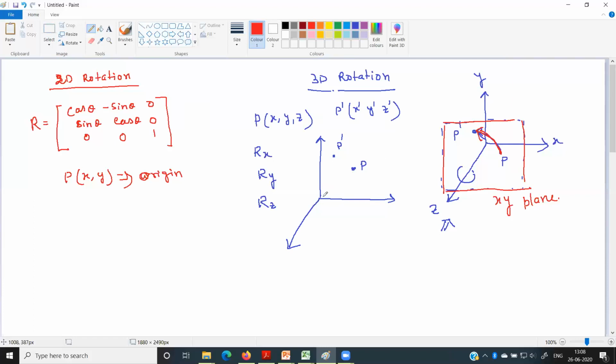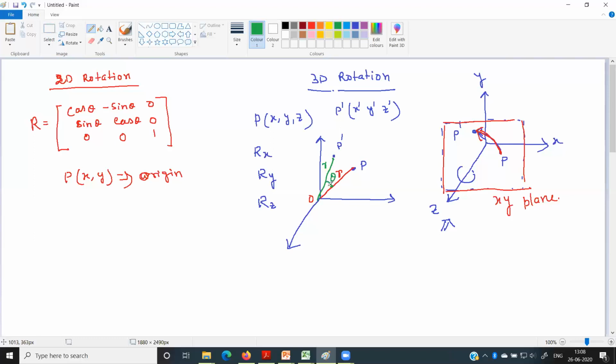So what we will do, you can see that if you join the point P with the origin, that means if you draw a line, this distance from P to origin O, we can say this is the radius R. Fine. Similarly, if you join the P dashed with origin, this will remain the same R. Consider this rotation angle is theta.